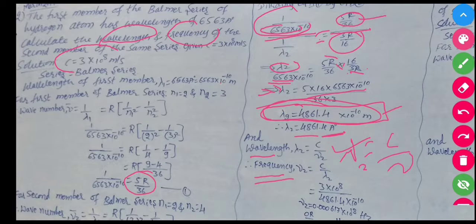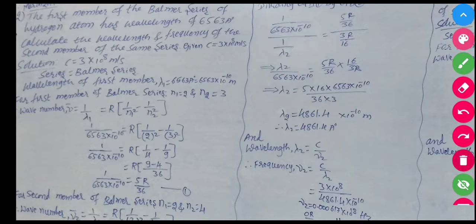For the frequency, we shall make use of the simple formula: wavelength lambda is equal to c by nu. For the second member we considered, lambda 2 is equal to c by nu 2.